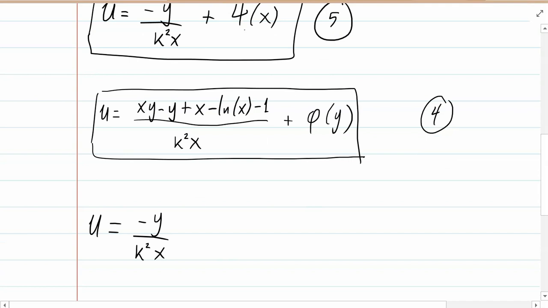It says here that I can add a function of x. So adding a function of x, that will be 1 over k squared from this one here, minus natural log of x over k squared x, minus 1 over k squared x.